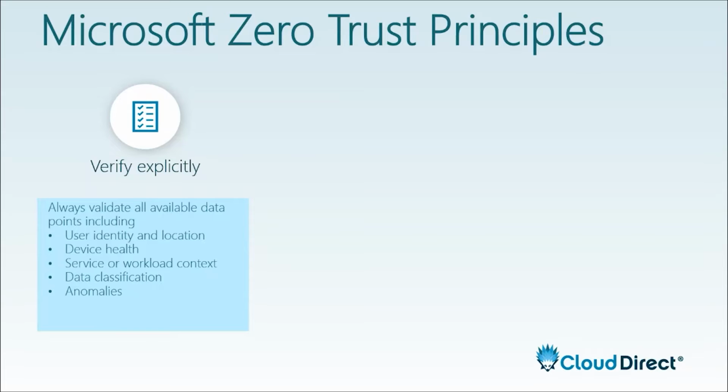So verify everything that gets done. If someone is asking to use admin credentials, verify that they are who they say they are. If someone wants to exfiltrate data, verify who they are and get them to request permissions to actually exfiltrate that data.